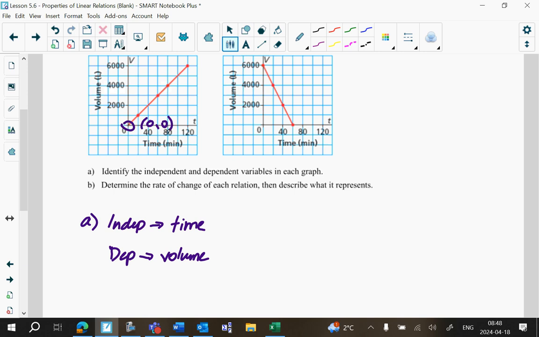I mean, we could pick this one or this one or this one or this one. I'm going to go up here and say 120, comma 6,000. So to find the rate of change, I have to find the difference in the y's divided by the difference in the x's.